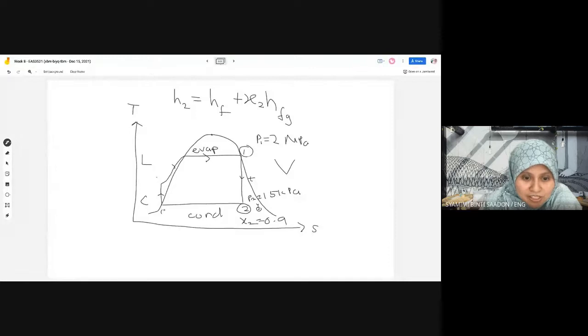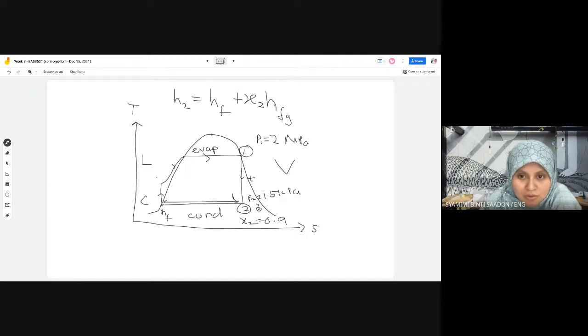Actually hf is this one, what you are looking for from the table. hfg is the difference. H2 is this one. So we are going to search for H2. Okay, the fluid property hf we know.